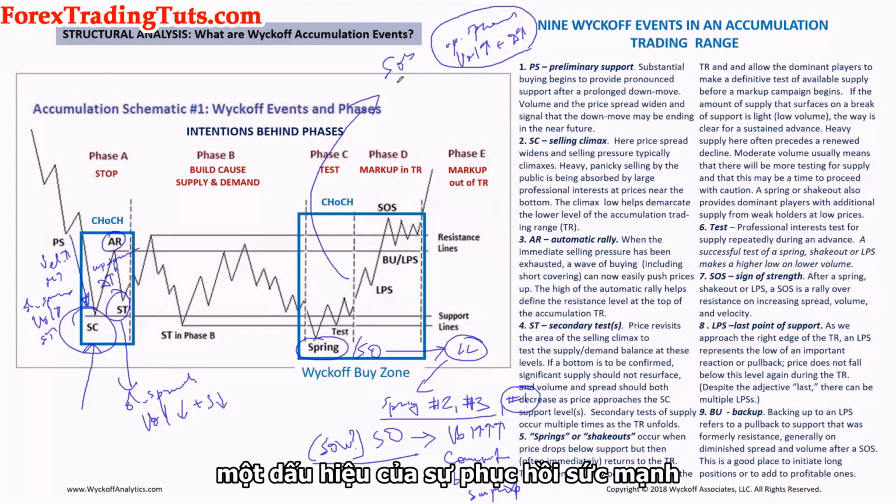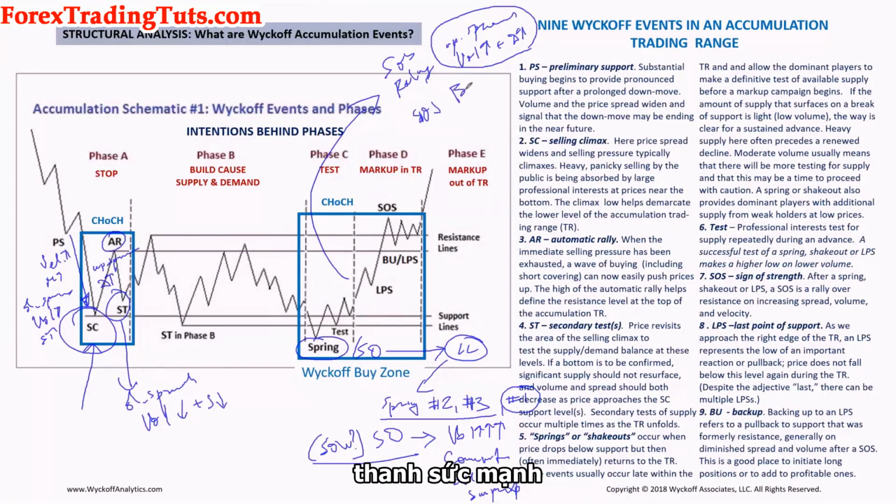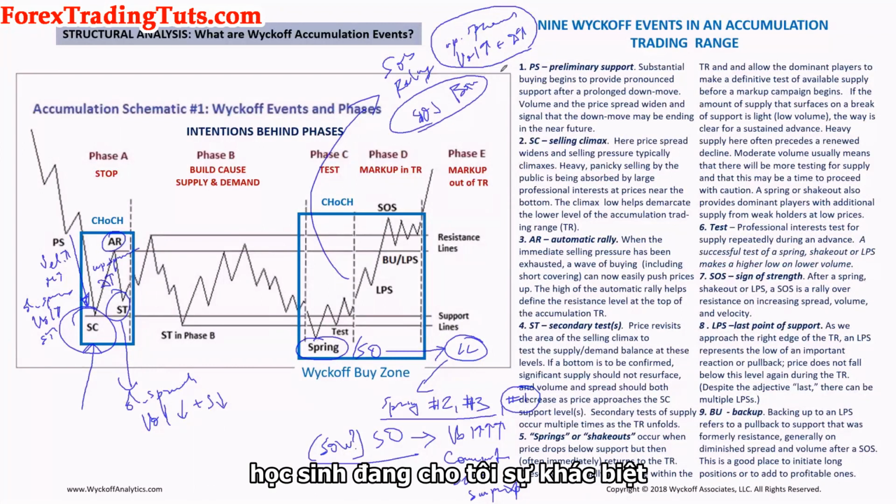A sign of strength rally is a different beast than a sign of strength bar on that rally, and usually students are giving me the character of the sign of strength bar, not even the definition of the sign of strength rally. So I want to point this to your attention.